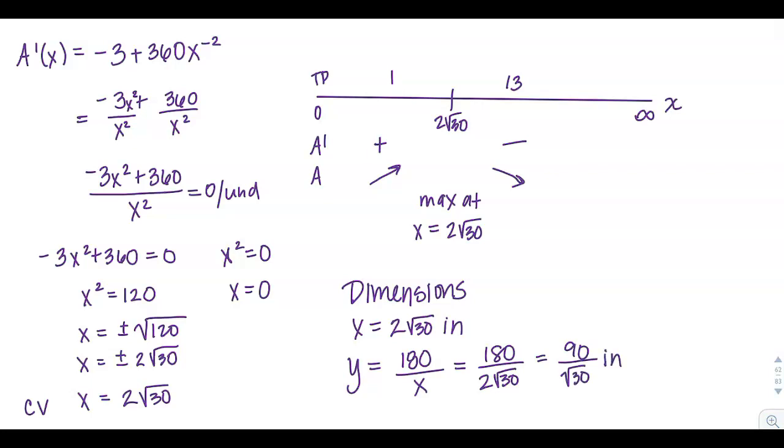So the other way we could see the answer is that the dimensions are 2 radical 30 inches by 90 over radical 30 inches.